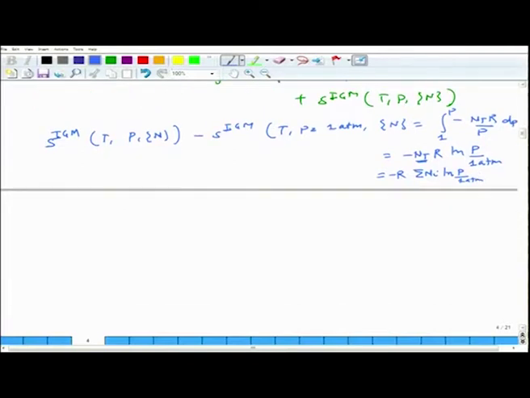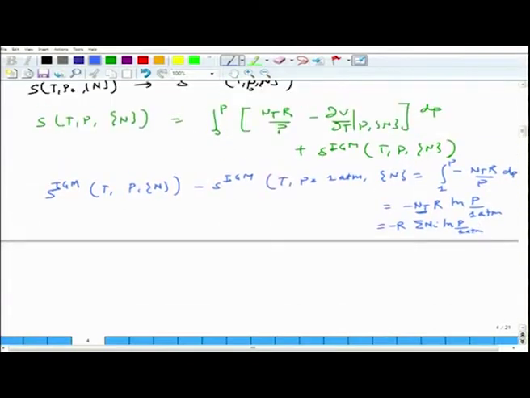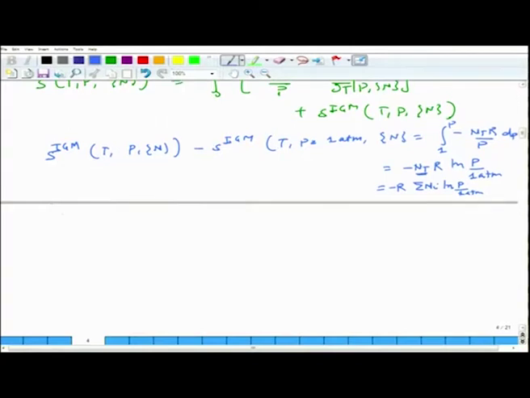Okay. So, what we are going to do further is make use of the expression of S IGM which we have evaluated earlier, particularly for 1 atmosphere.